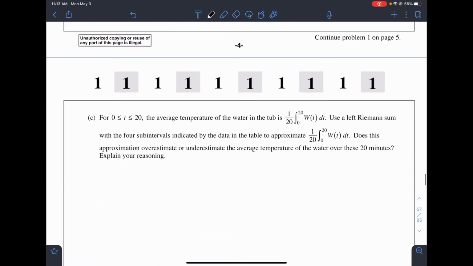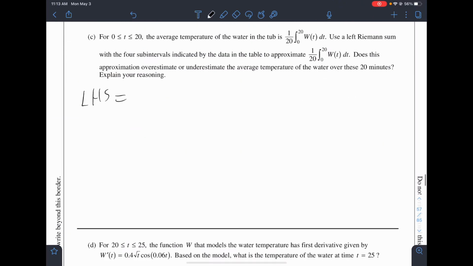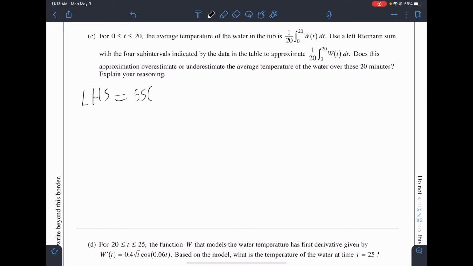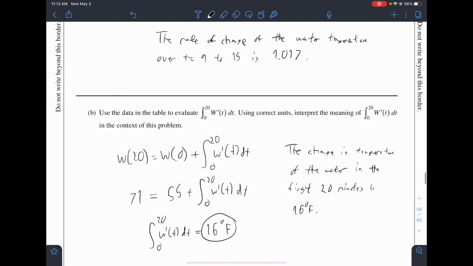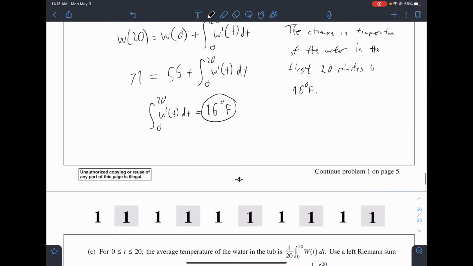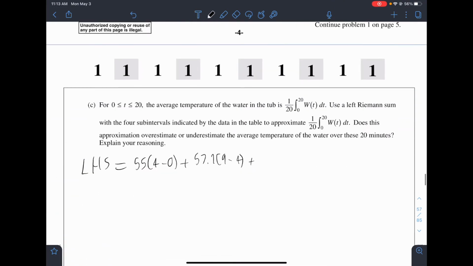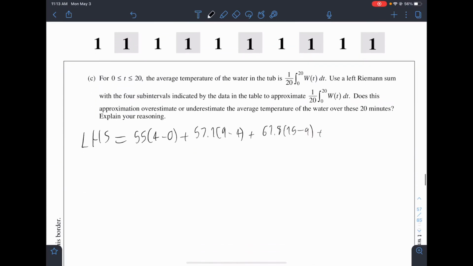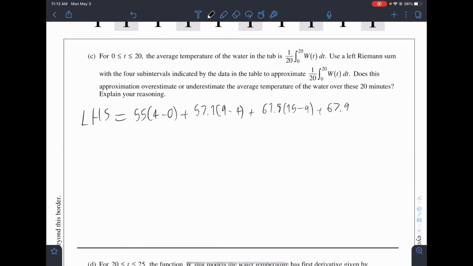Our LHS, left-hand sum, is going to equal 55 times 4 minus 0, plus 57.1 times 9 minus 4, plus 61.8 times 15 minus 9, and then finally plus 67.9 times 20 minus 15. And so let's compute this.